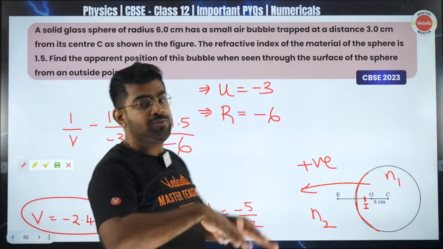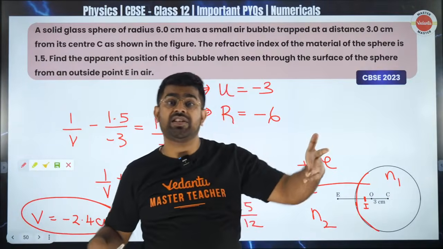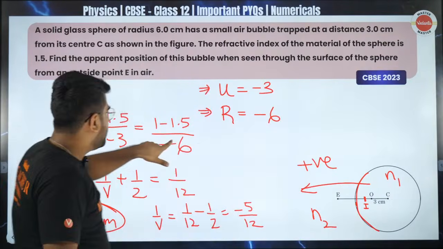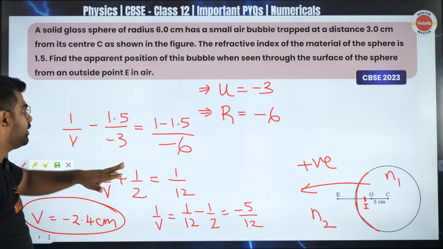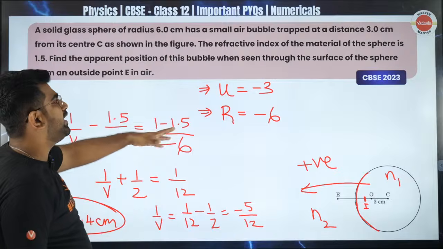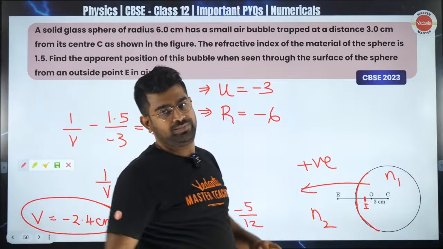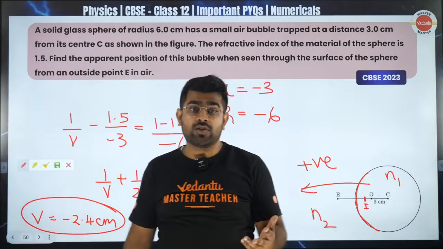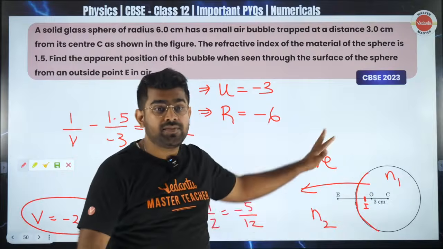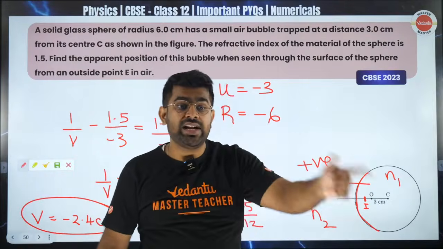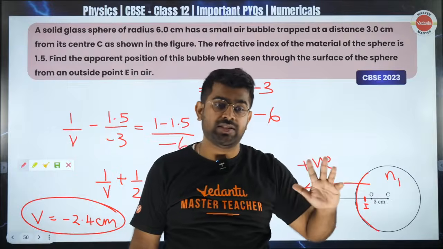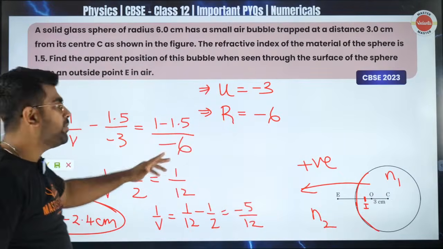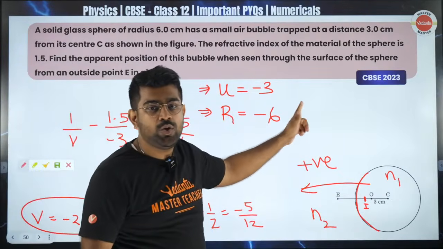What you are saying is for a flat surface, where the radius of curvature is infinity. Here, if you put radius of curvature as infinity, what you say will come, but that is wrong because here it's a curved surface. So don't say real depth by apparent depth. It is not that straightforward. You have to use this formula. Why use -3?